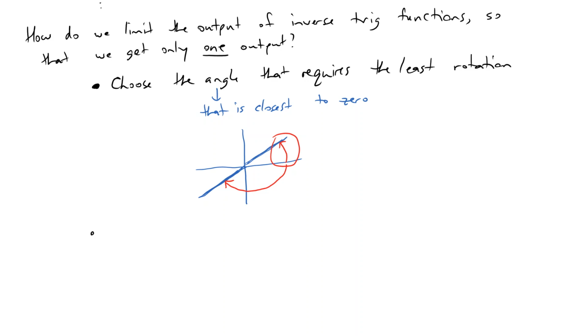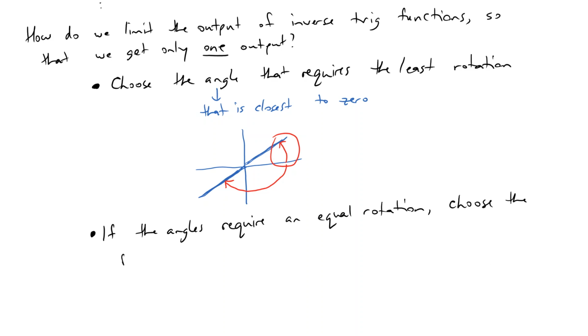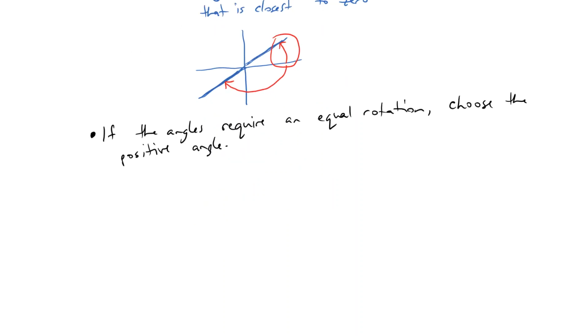Now sometimes you have two angles that require an equal amount of rotation, meaning they're the same distance from 0. We will choose the positive angle. That kind of breaks the tie. Here's an example.